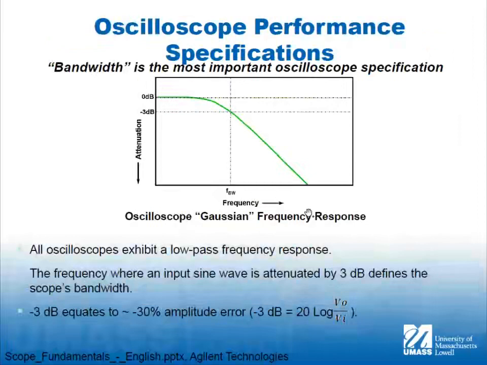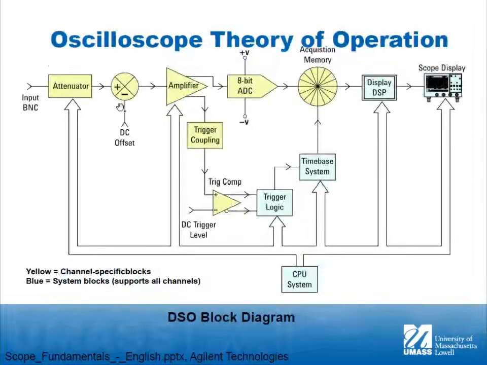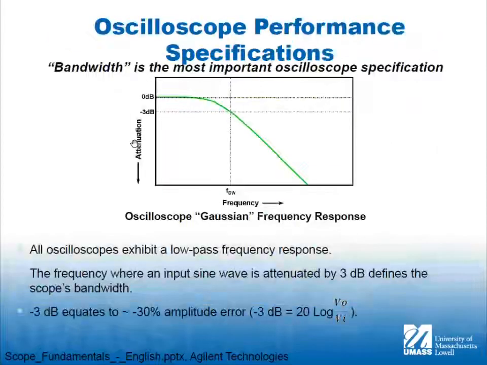So bandwidth is important with everything. It's important with the logic analyzer, and bandwidth is affected by a lot of things. And one thing that bandwidth is especially affected by is the front end of the oscilloscope, right? That I'm going to click back on: this attenuator and the DC offset and the probe.